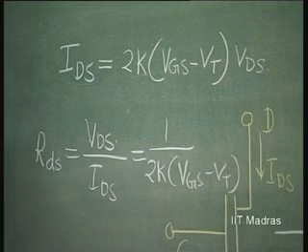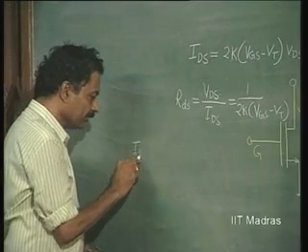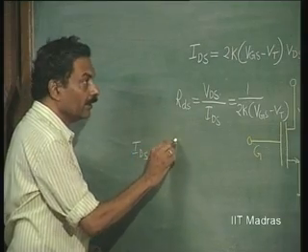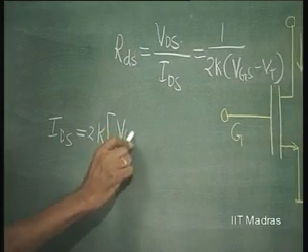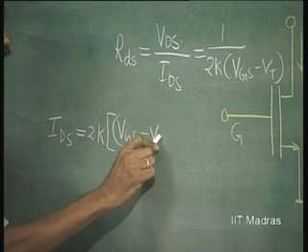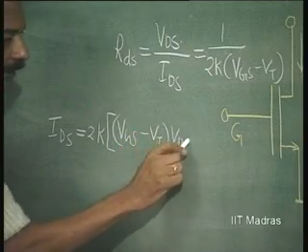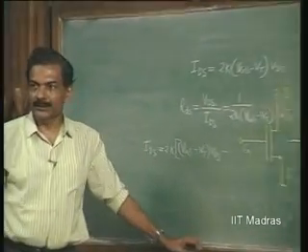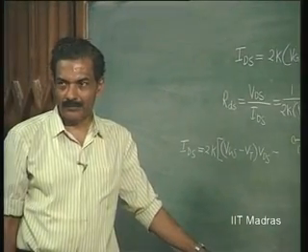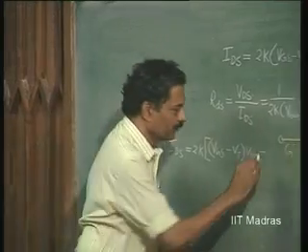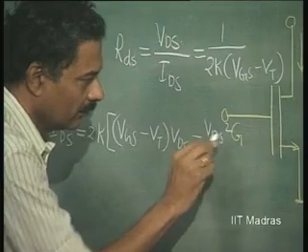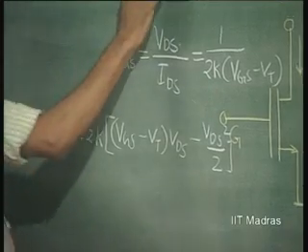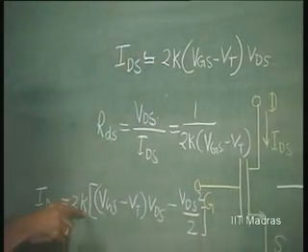Now, further modification. IDS actually equals 2K into (VGS minus VT) into VDS, minus the nonlinearity, which we said is square law, VDS squared by 2. This is approximate, therefore, we will say this is exact.